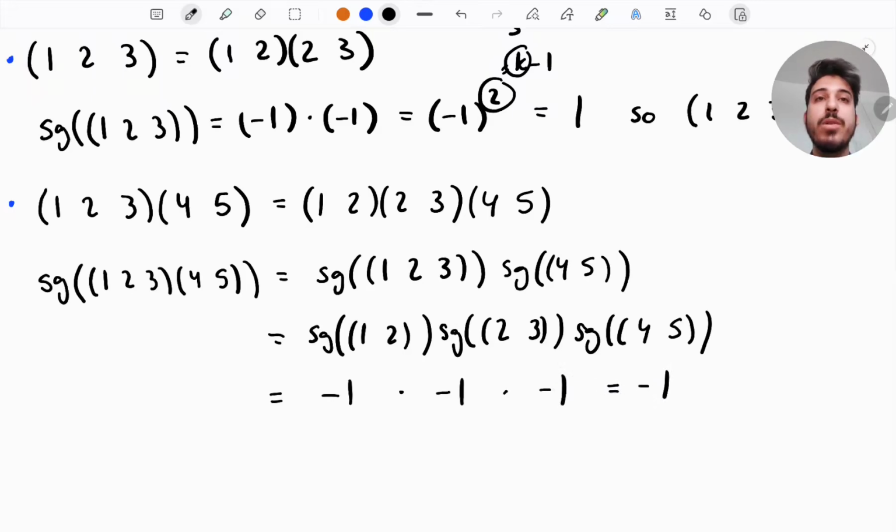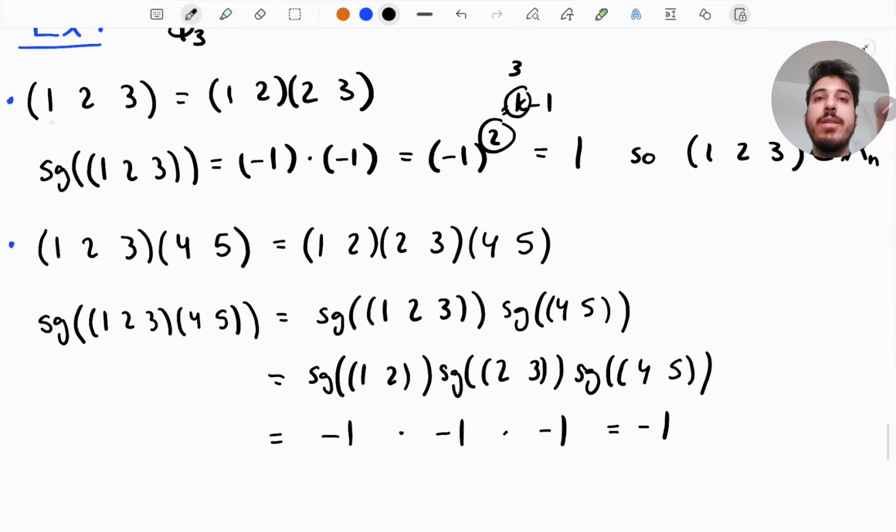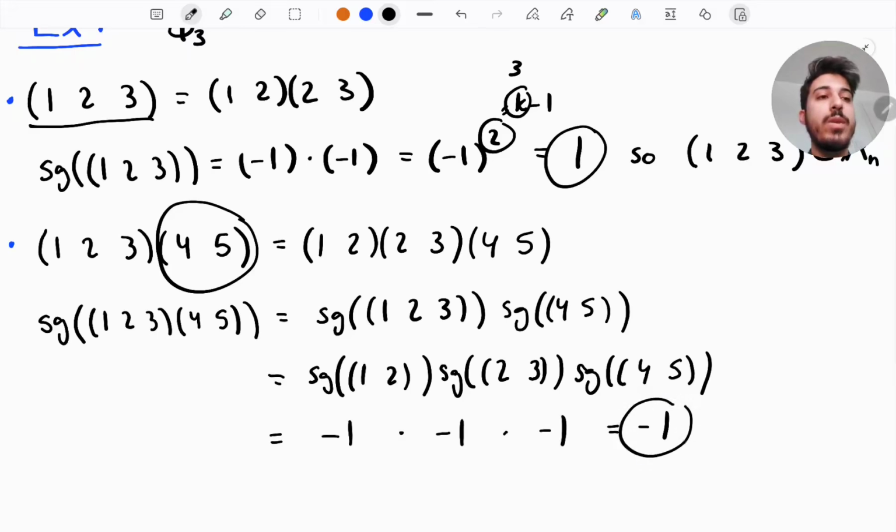And this makes sense because earlier we said that (1 2 3) is an even permutation, so it was equal to 1. But once we added a single transposition to the mix, we had to multiply the product by -1, and thus we have -1 as a result.